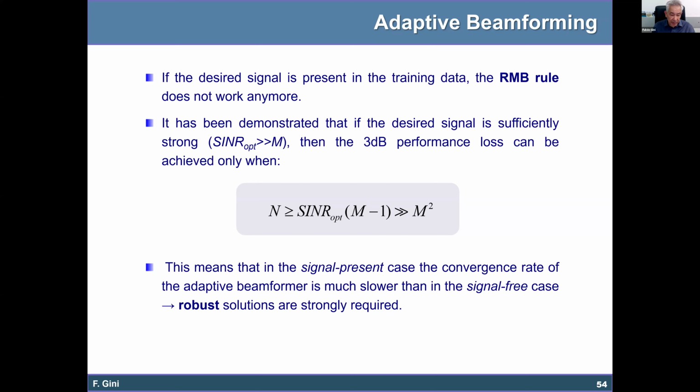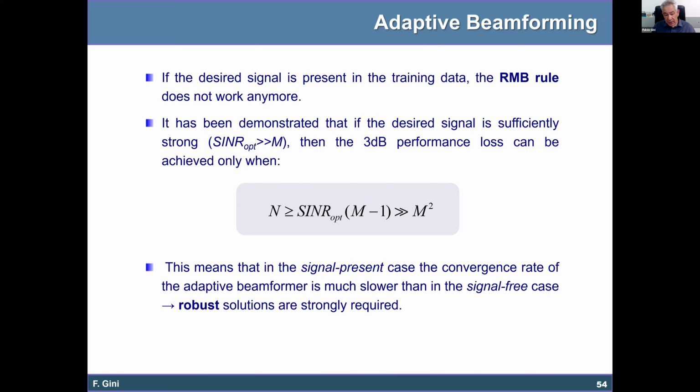So if we can observe a number of realizations where only the disturbance is present, and we can estimate the covariance matrix of the disturbance. If this is not possible, and we can only observe n snapshots where not only the disturbance, but also the signal is present, in that case, the rule should be replaced by another rule.